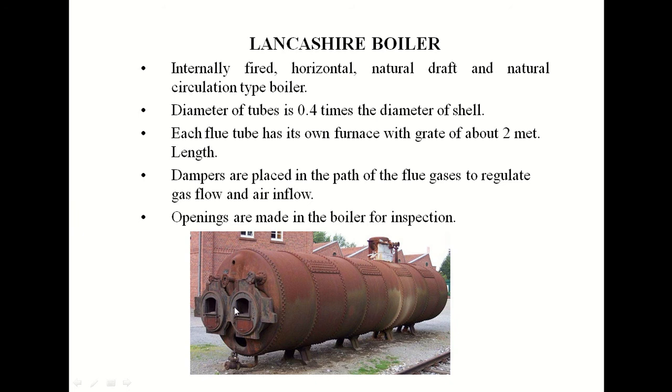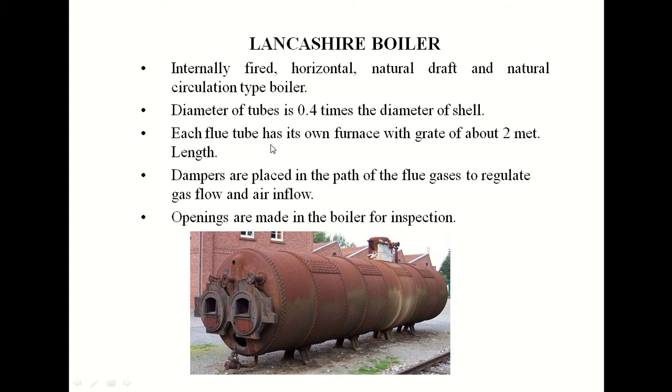Now this is an actual view of the Lancashire boiler. You can see these two tubes where the furnace action takes place. The Lancashire boiler is an internally fired, horizontal, natural draft and natural circulation type boiler. The diameter of the tubes is 0.4 times the diameter of the shell. So this is the diameter of the shell, and the tube diameter is 40% of the shell diameter.